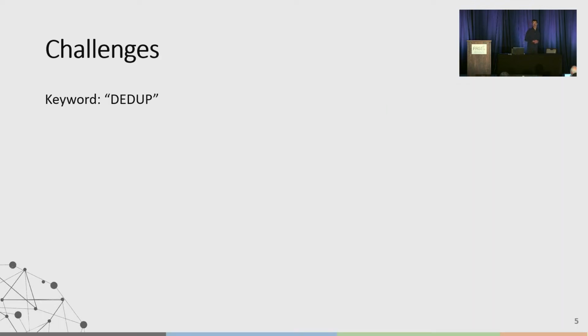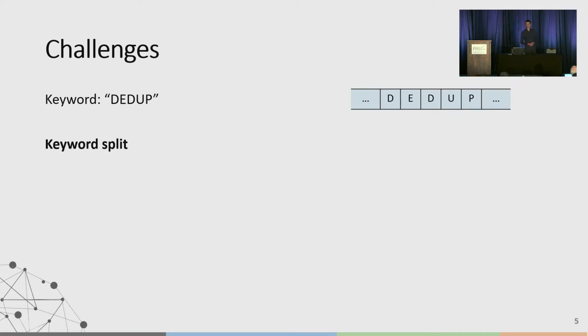So what challenges did we have here? Let's say that we're looking for the keyword dedup. It is in the middle of a chunk, just to find DEDUP in a chunk. But what happens if a keyword is split between 2 adjacent chunks?